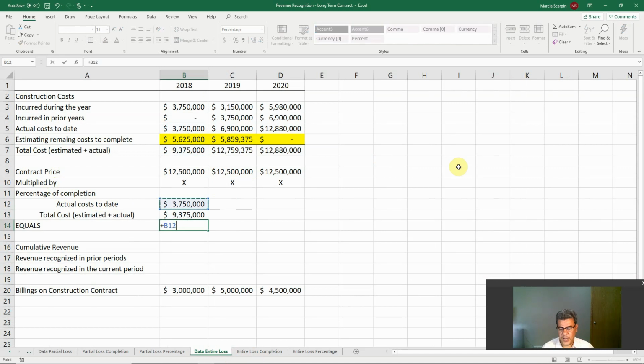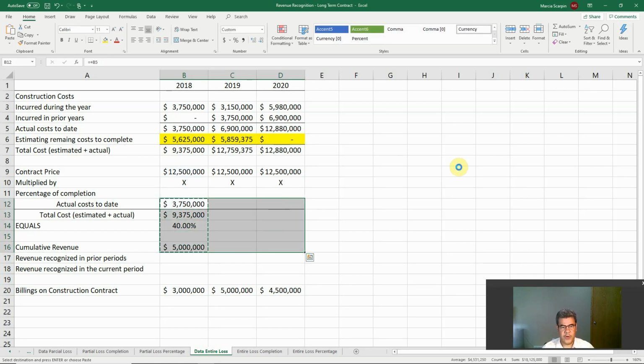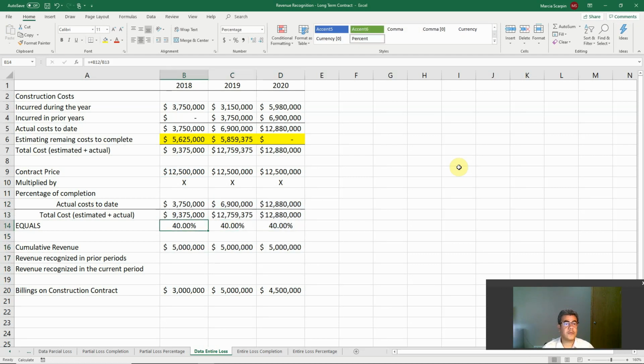So the percentage of completion, actual cost divided by total cost, 40%. If we have 40% of our contract completed, we will record 40% of our revenue. So contract price times 40%. Let's do this formula here for all our remaining years.